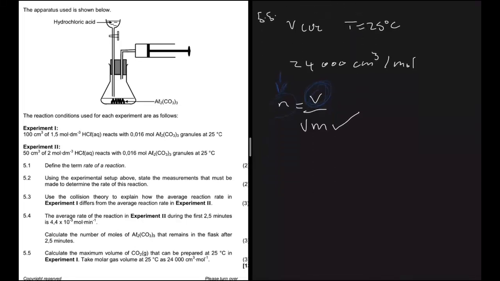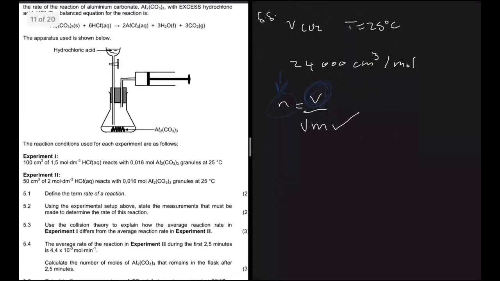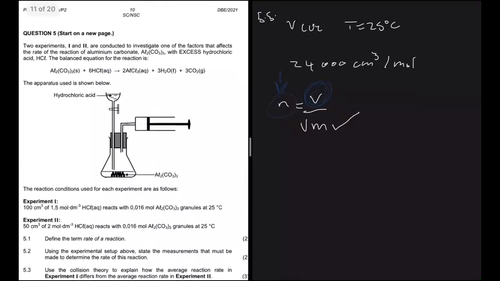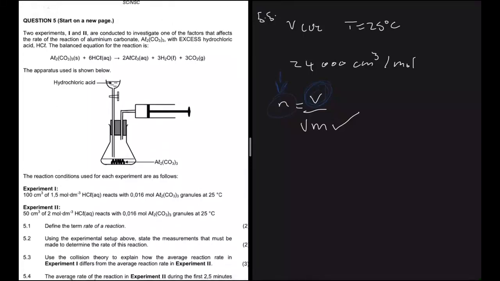But to find the number of moles, it's not really complicated because we can use the equation to do so. We know that in our balanced equation, we have CO2 which is balanced by 3, right? And then we have aluminum carbonate, Al2(CO3)3, which is balanced by nothing, which is basically just 1.